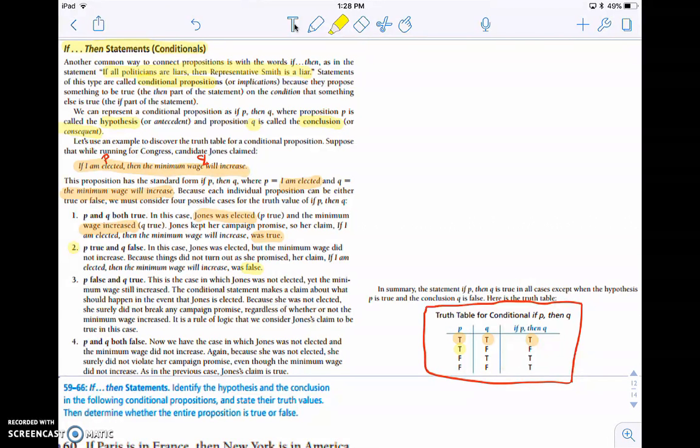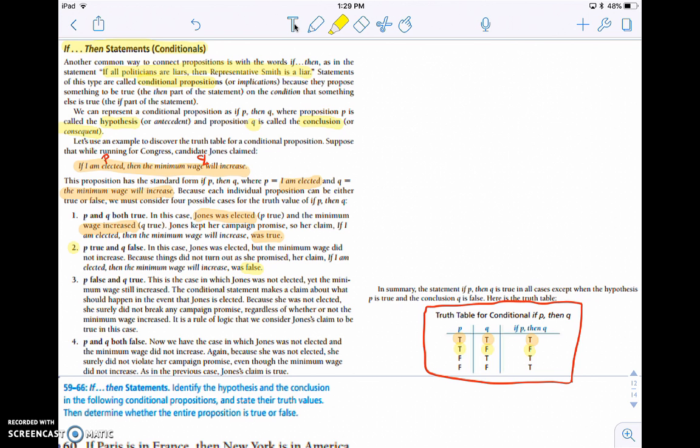So if P is true and Q is false, then if P then Q is false. And that's actually the only time this is false, is when the hypothesis is true and the conclusion or the consequent is false, then the if P then Q is false.